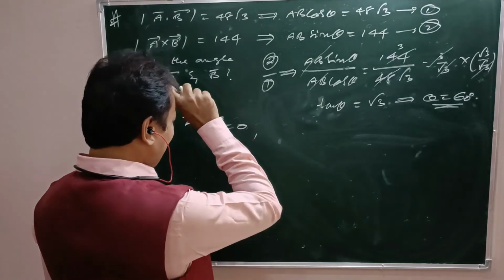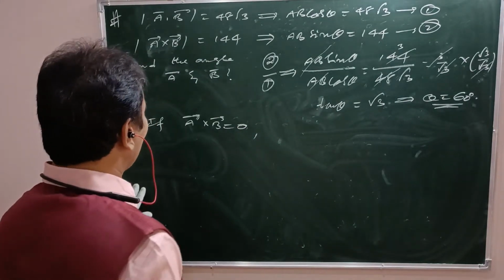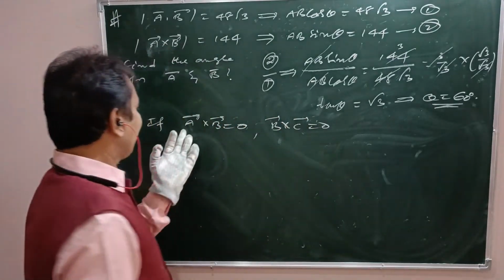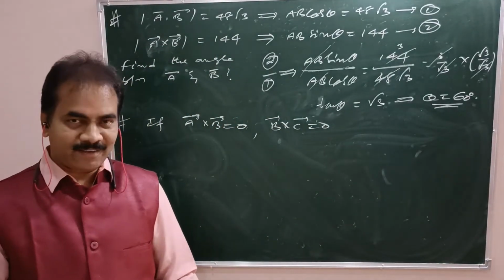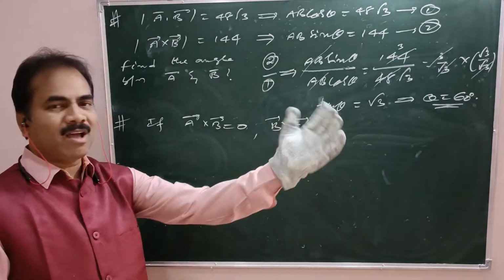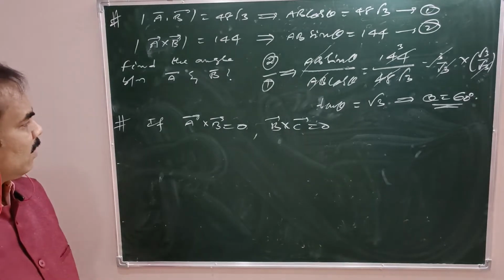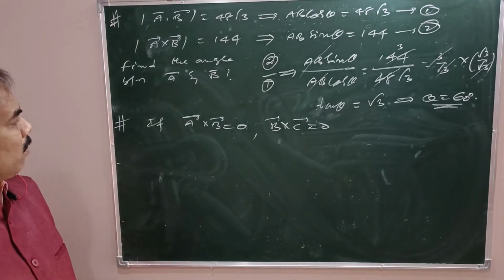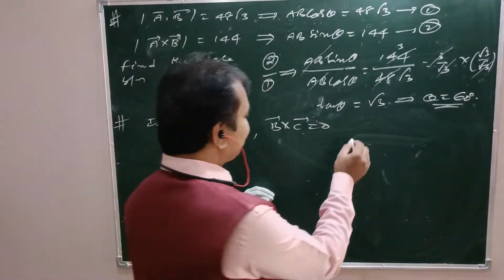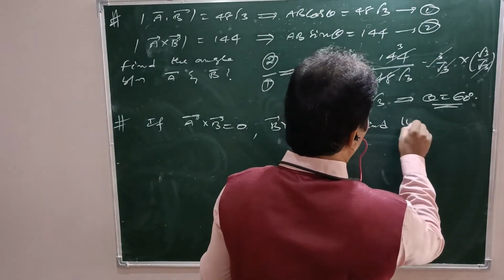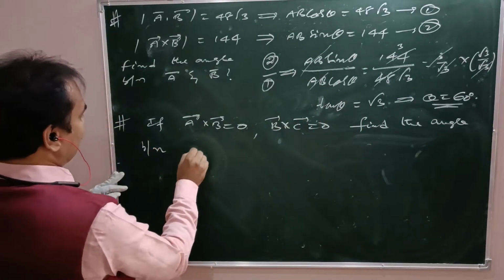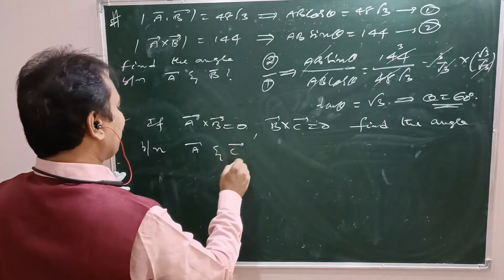If A cross B is 0 and B cross C also 0, if A bar, B bar, C bar are three vectors such that A bar cross B bar is 0, B bar cross C bar also 0, right? Now what about the angle between A bar and C bar? Find the angle between A bar and C bar.